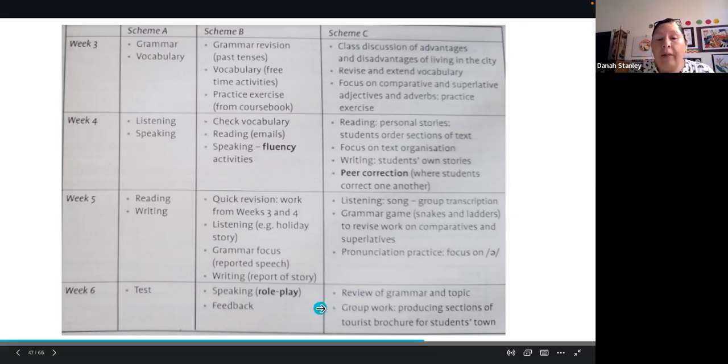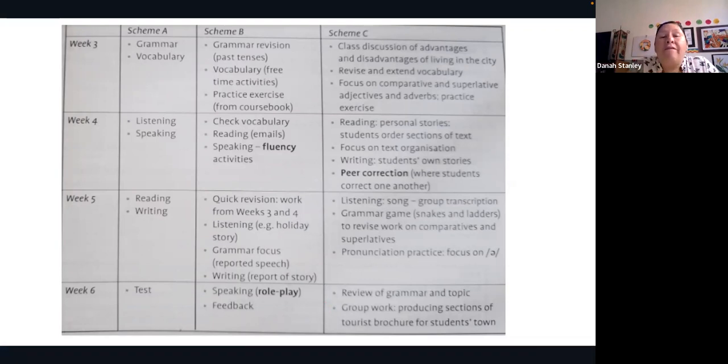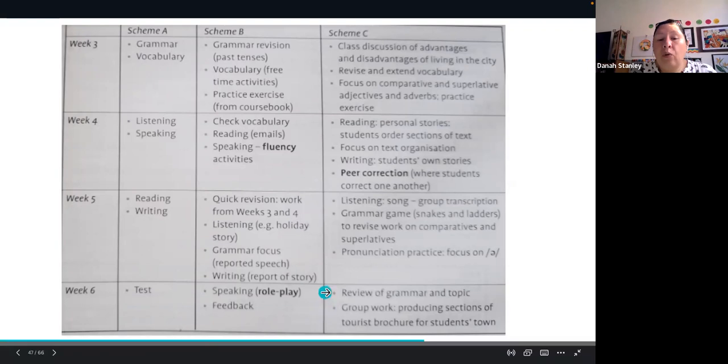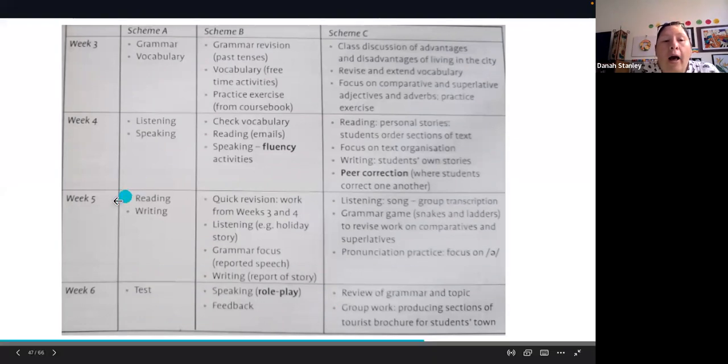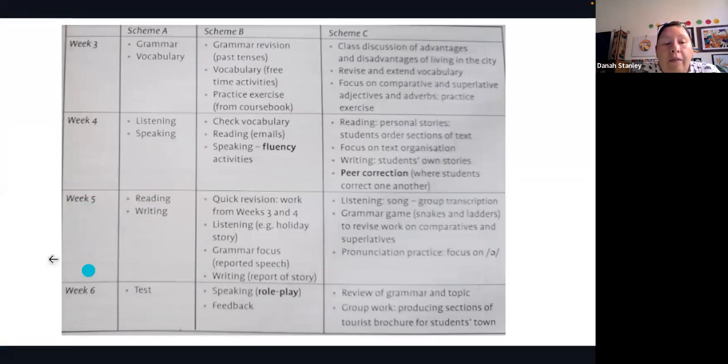Entonces, from the very beginning, I know that I need to reinforce and work on these two sub-skills. They need to have plenty of practice, so at the end it's going to be very natural and very easy for them, okay? Luego, the previous week, on week 5, they are going to have a reading and a writing.